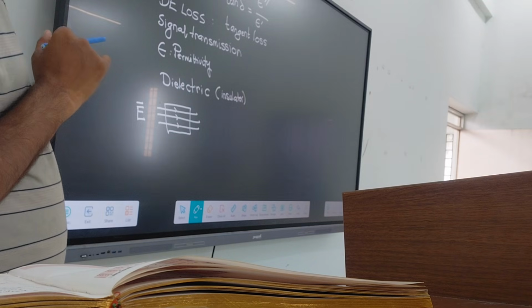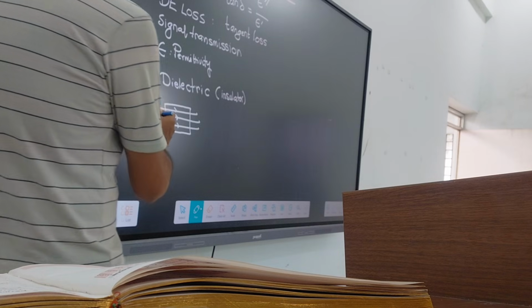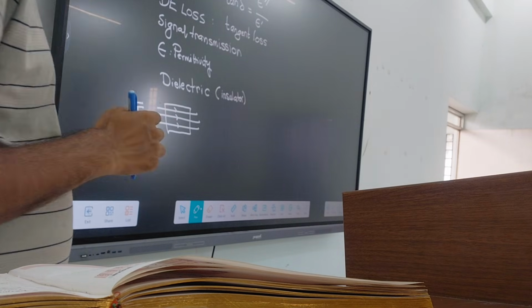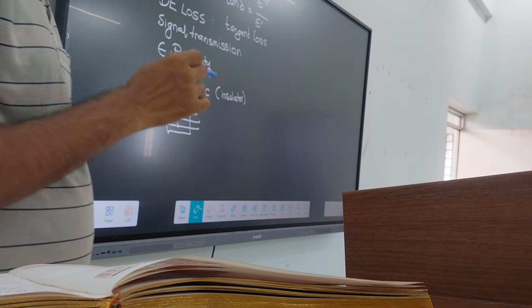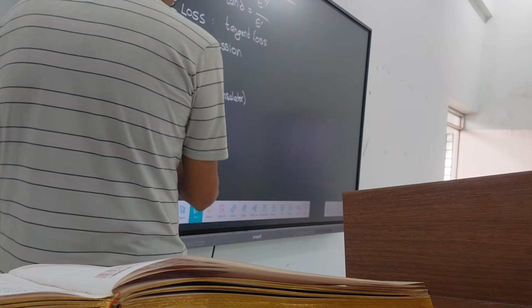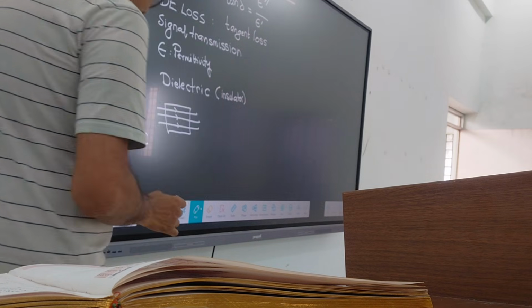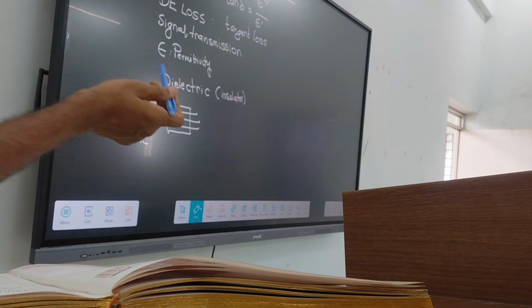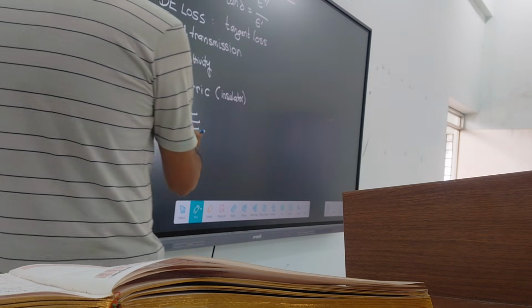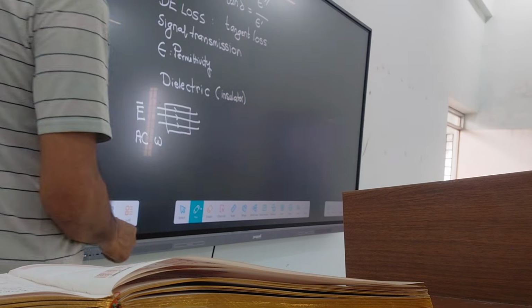It is not so simple, because whenever we say electric field, it's not always a DC electric field. It can be an AC electric field as well, alternating current. So with alternating current, it is associated with frequency.